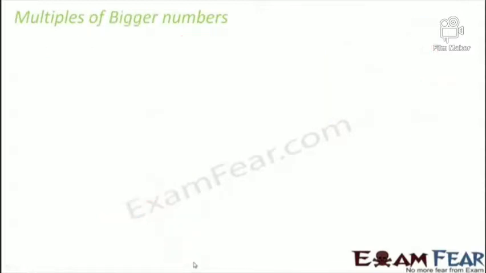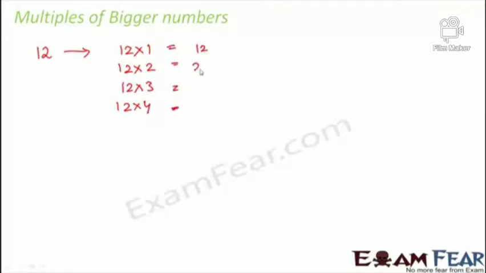Now in similar fashion, you can also write multiples of bigger numbers. Let's consider 12. How would you write multiples of 12? Just keep on multiplying the various natural numbers: 12 into 1, 12 into 2, 12 into 3, 12 into 4. So you get 12, 24, 36, 48, and so on.